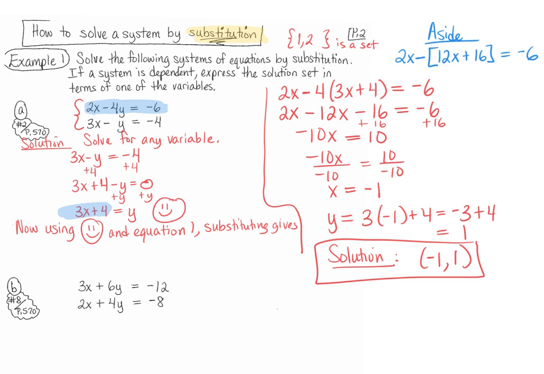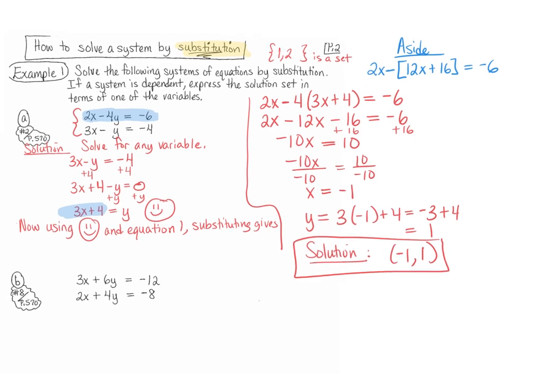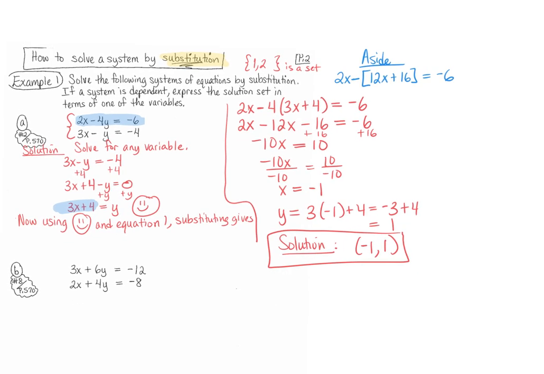Right? It's the point. Because you have a system, that means that these two lines intersect in one point. So this system is independent, and what's the other word? Consistent.